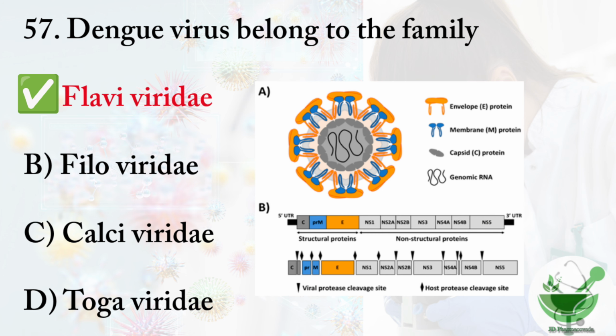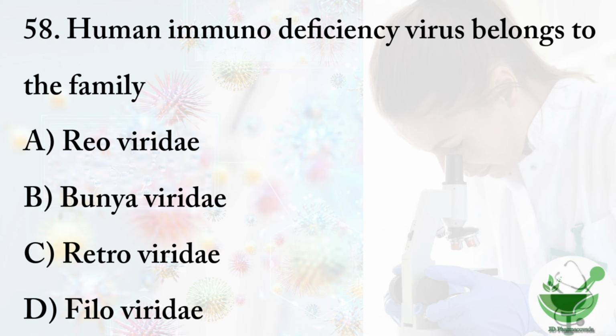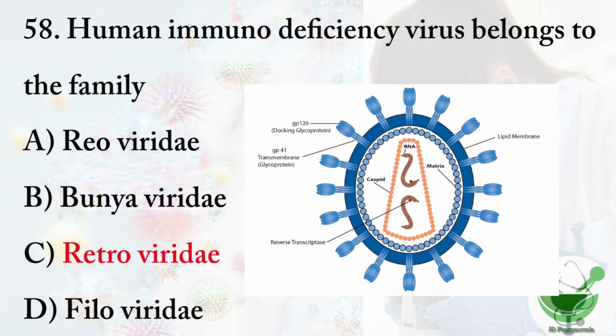Then question number 58, human immunodeficiency virus belongs to the family. So the options are option A, Reoviridae, option B, Bunyaviridae, option C, Retroviridae, and option D, Filoviridae. So the right option is option C, Retroviridae.